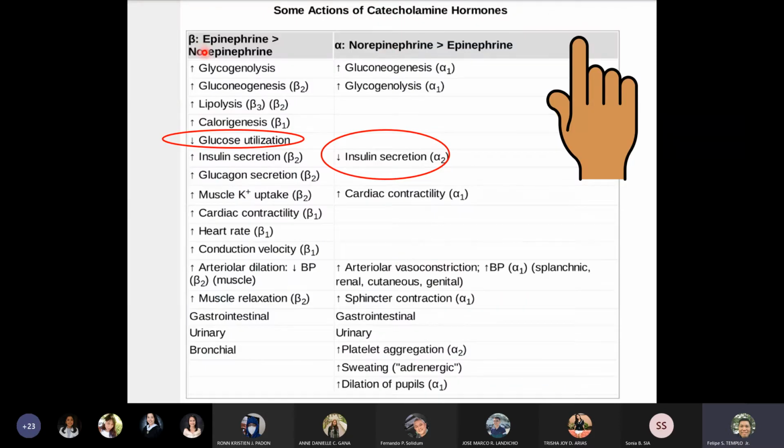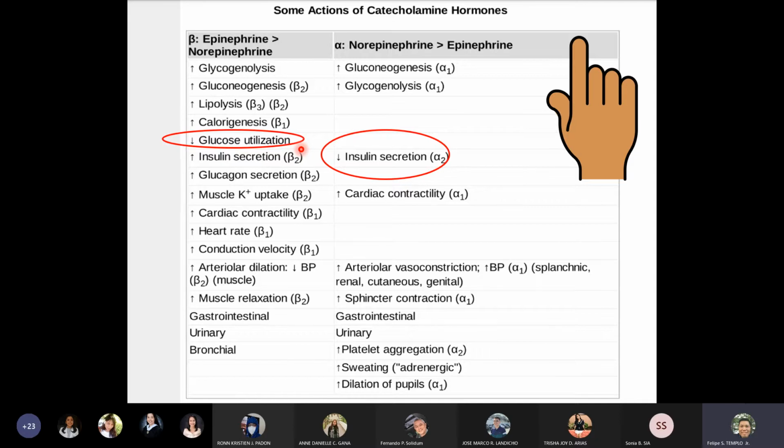So we have some receptors there. The beta receptors in your target organs. For instance, the epinephrine has a greater effect than norepinephrine, but of course, everything is increased. So take note here, except there's a decrease in glucose utilization. So glucose is not entering your cells.